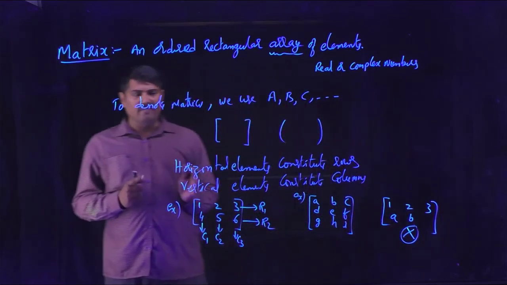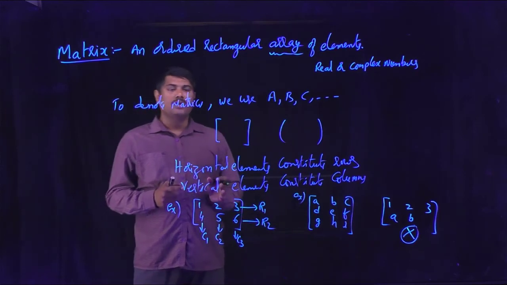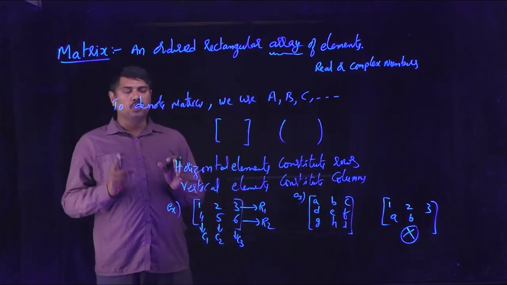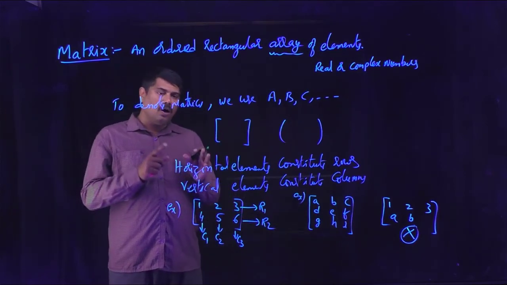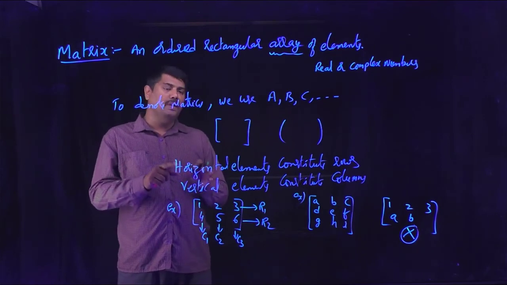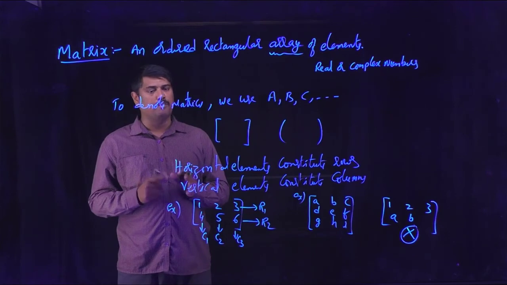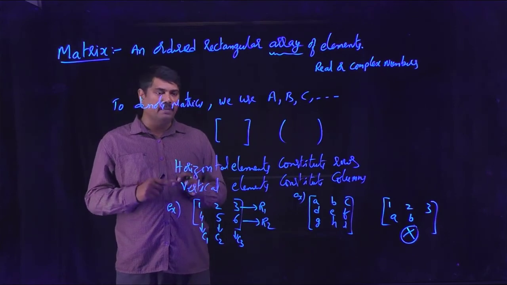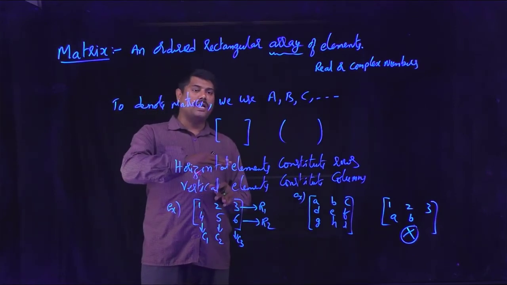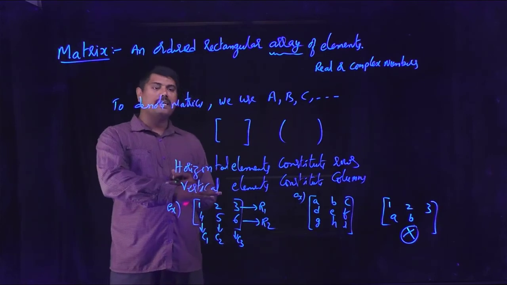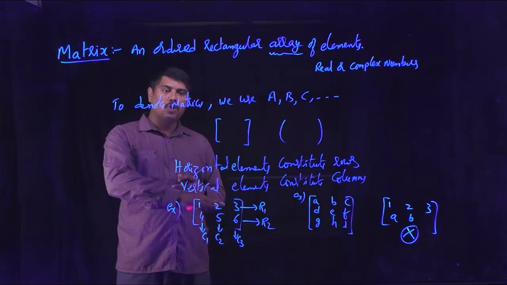While arranging the elements into rows or columns, you should follow the condition that all the rows should have an equal number of elements, not equal elements. Remember the point: equal number of elements. That means if the first row contains 4 elements, the second row contains 4 elements, and the third row contains 4 elements.